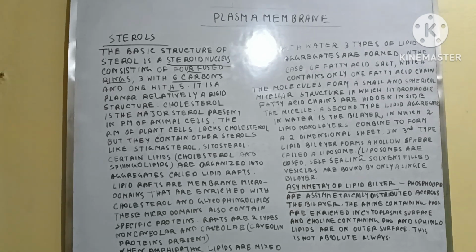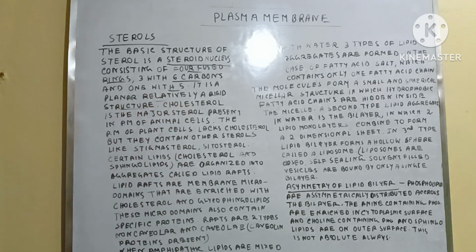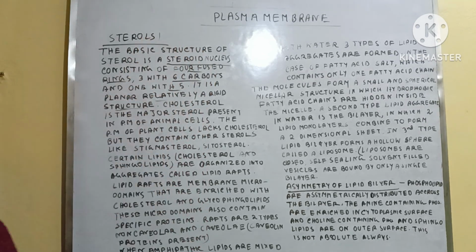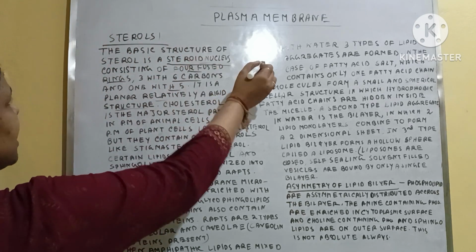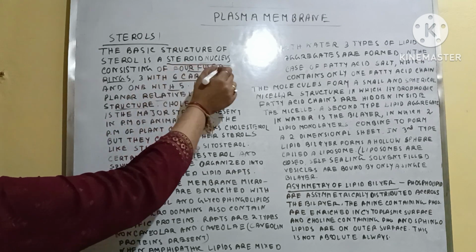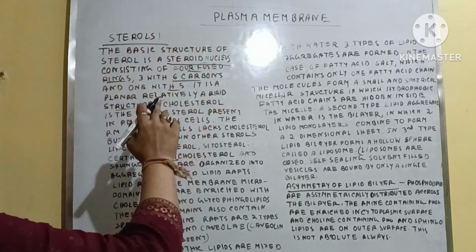It is a planar and relatively rigid structure. First of all, what I am saying is that the sterol is nothing but the steroid nucleus, containing 4 fused rings, 3 with 6 carbons and 1 with 5.